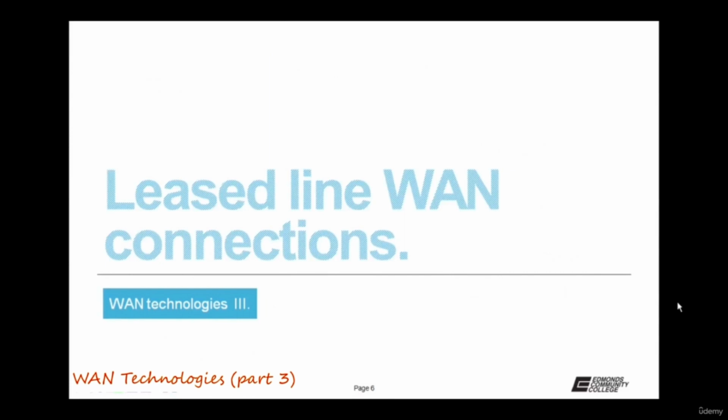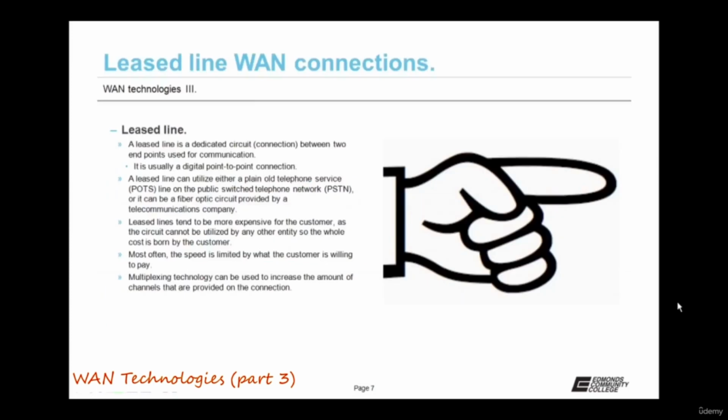It's time for us to discuss leased line WAN connections. A leased line is a dedicated circuit or connection between two endpoints used for communication. When we're talking about IT, a leased line is usually a digital point-to-point connection.